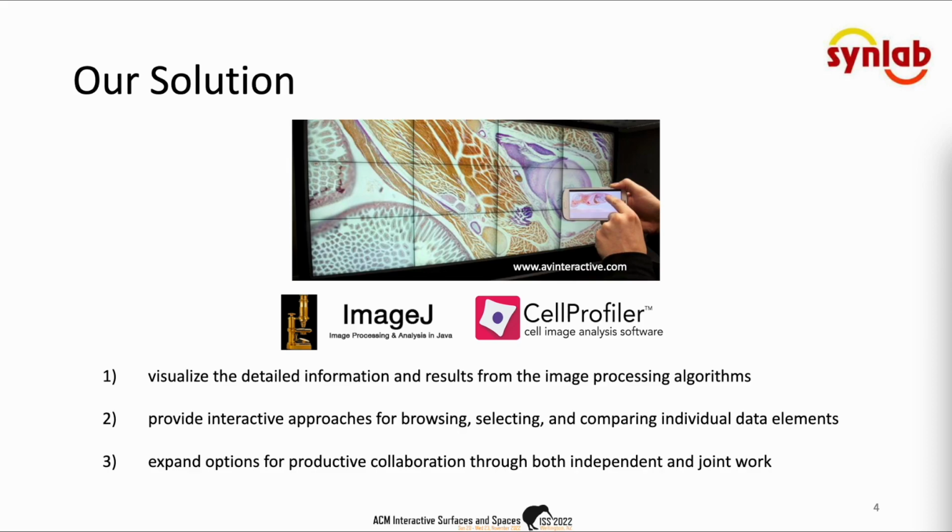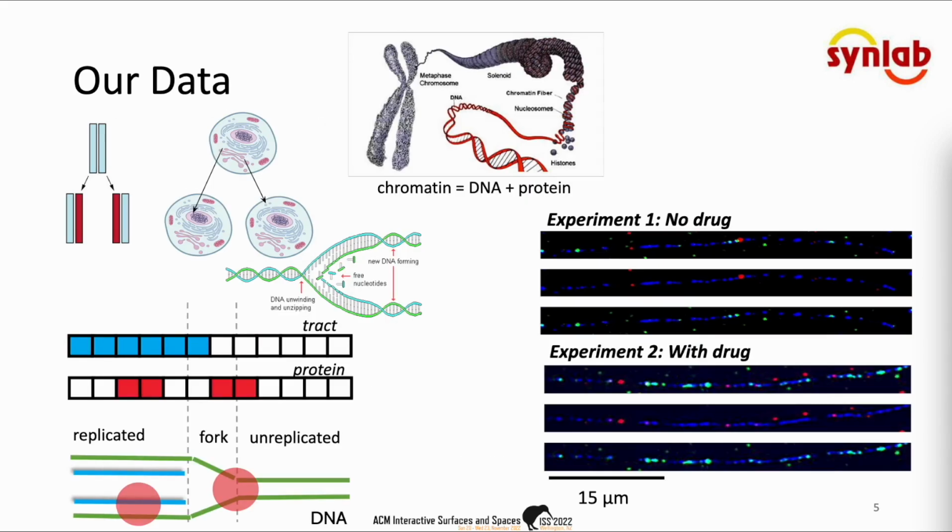Our design process involves a collaborative team of HCI researchers and biologists working together in an iterative manner. We design around the datasets of our biology team members, who use chromatin fiber microscopy to study how cells replicate their DNA.